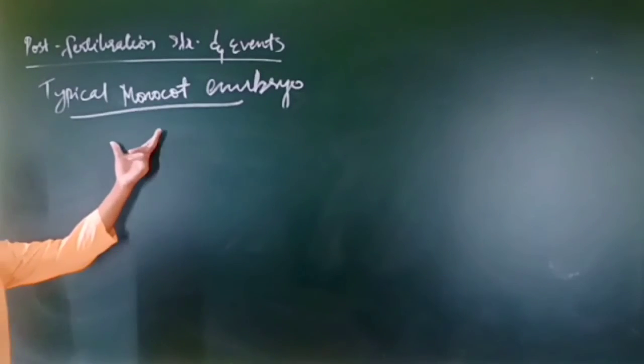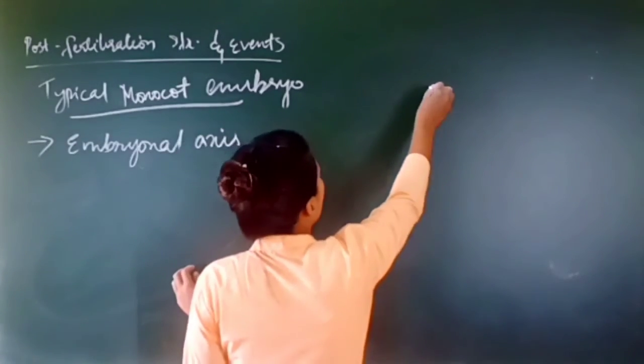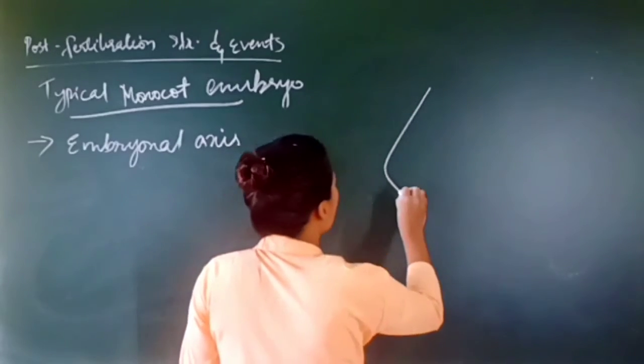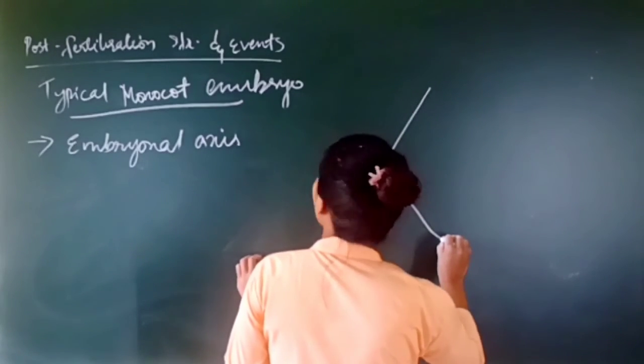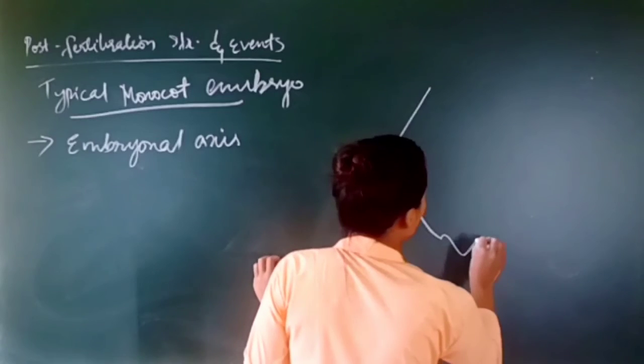Now we will study the monocot embryo. In the monocot embryo also it has an embryonal axis. Let me draw the diagram here. The monocot embryo looks somewhat like this.